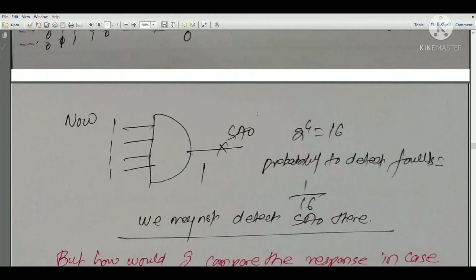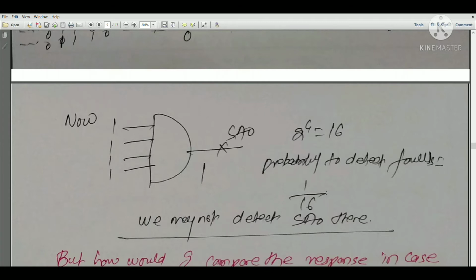So now, if there are 4 inputs, 2 to the power 4 equal to 16, the probability to detect the fault would be 1 upon 16, because test patterns are randomly generated. So there are 16 possibilities according to the inputs. It may be 1000, it may be 1100, and so on. But in this case, the only logic fulfilling the condition is that all 4 inputs must be 1.